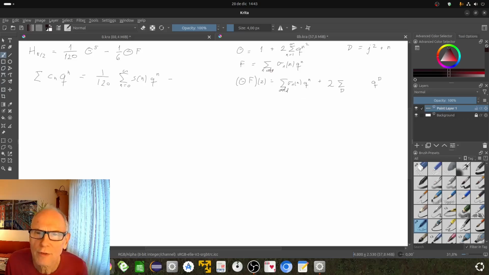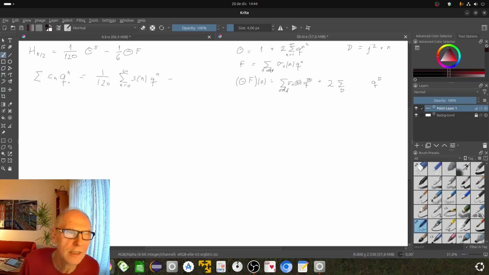Then we should have d down here as well. Oh, but that's not d, is it? It's just a number here. It doesn't necessarily mean the discriminant. So I shouldn't write d.